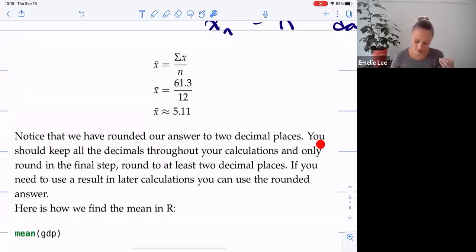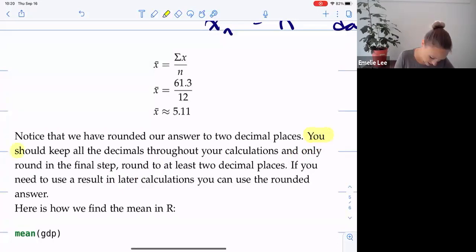But one thing that I want you to remember is that you should keep all the decimals throughout your calculations. And so that's where software becomes really important, because it's able to remember all these decimal places and it can just use the exact values. And so you should only round in the final step, and then round to at least 2 decimal places.